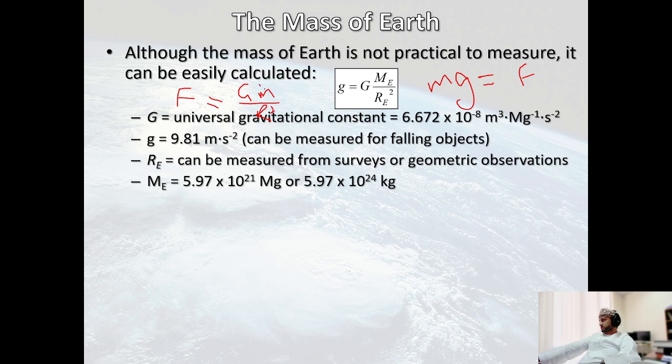So what you see, little m will cancel with little m. And the gravity value, the acceleration due to gravity, will equal what? That's the gravity potential, the force of gravity, whereas this one is the acceleration due to gravity.